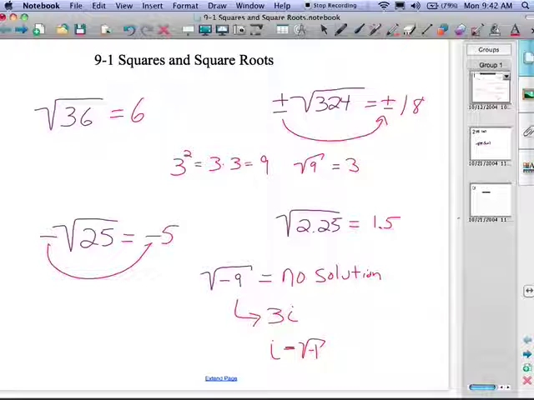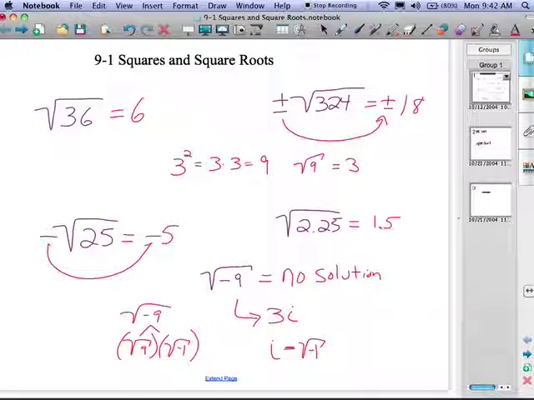So in this problem, we broke the square root of negative 9 into the square root of positive 9 times the square root of negative 1. The square root of positive 9 is the positive 3, and the square root of negative 1 is an undefined number, so we give it the letter i. It fits into a class of numbers called the imaginary numbers. But these are things you don't need to know about for a couple of years. Just know that they exist.